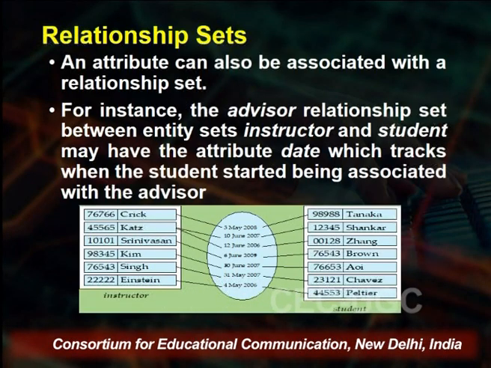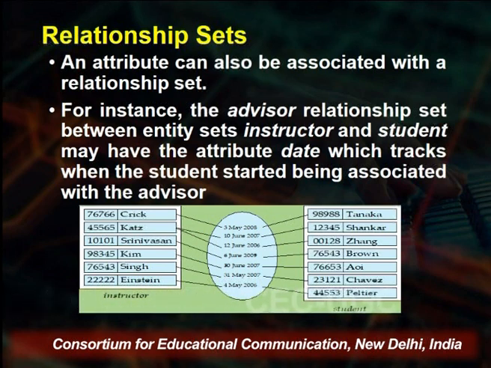Then, when we talk about a relationship set, an attribute can also be associated with the relationship set. For example, we have just seen the advisor relationship, which can also be called the advisor relationship set between instructor and student, where instructor and student are themselves the entity sets.